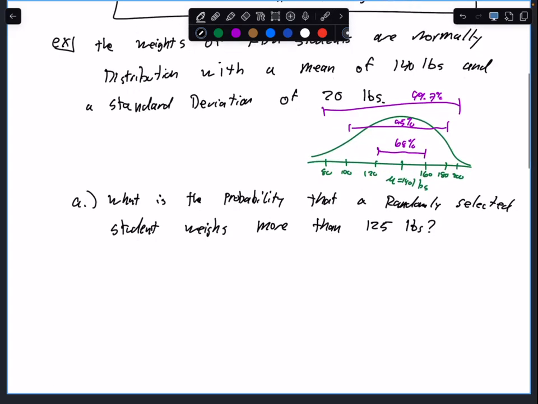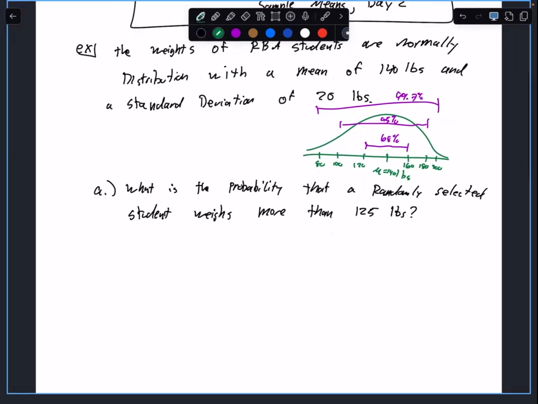Well, in this problem, they've told me that this distribution is approximately normal with a mean of 140 and a standard deviation of 20. We want to know the probability that is more than 125 pounds.